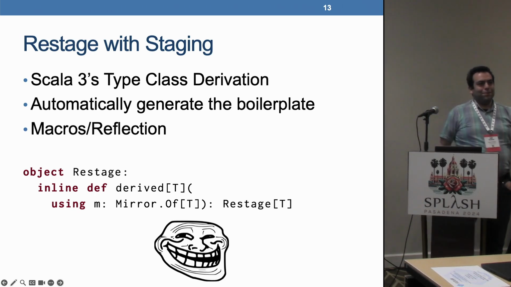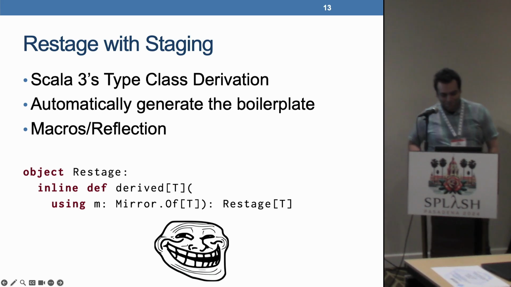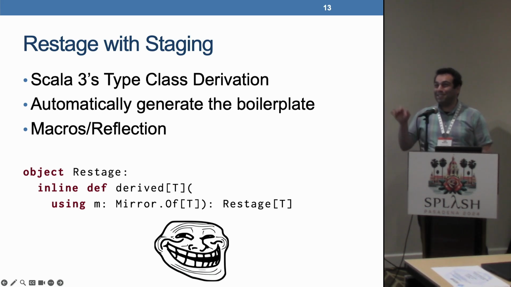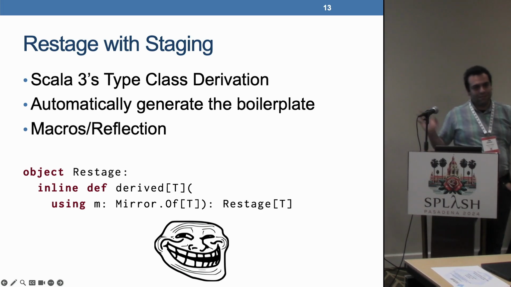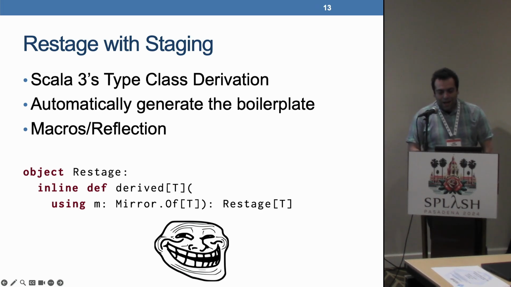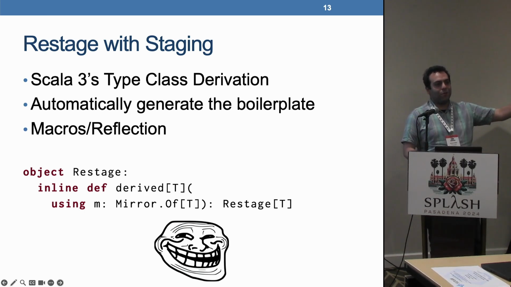I'm not going to show you the implementation. You can refer to the paper to see it; it's in the appendix because it's a bit long. But the good thing here is that we just do it once across all languages.